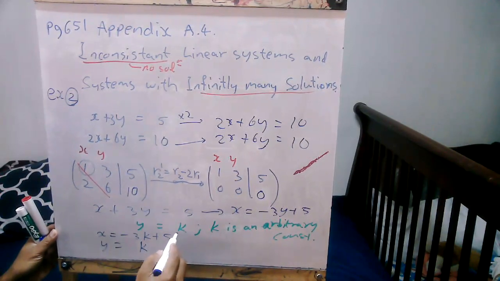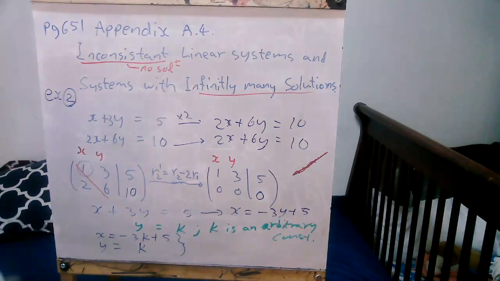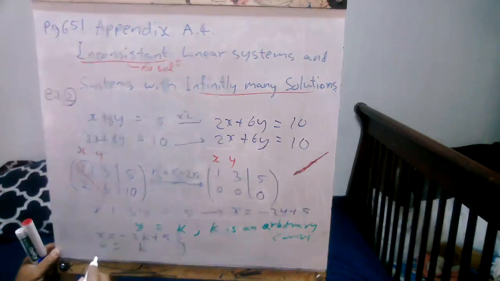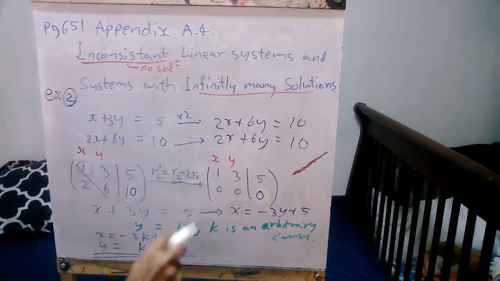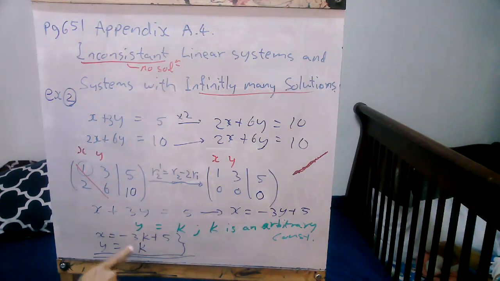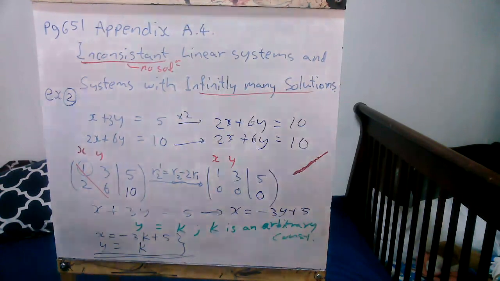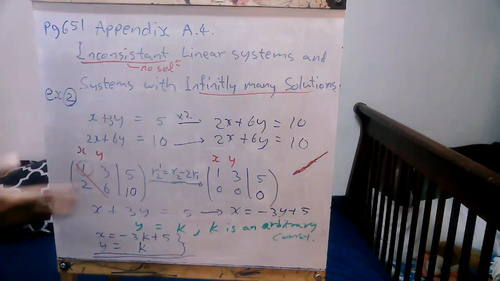This is a more formal way to say the same thing. Here k is an arbitrary constant, meaning k could be any number. As k changes, x and y give infinitely many solutions, right?